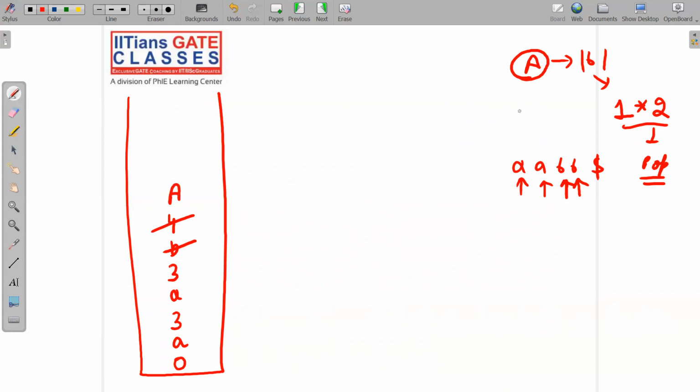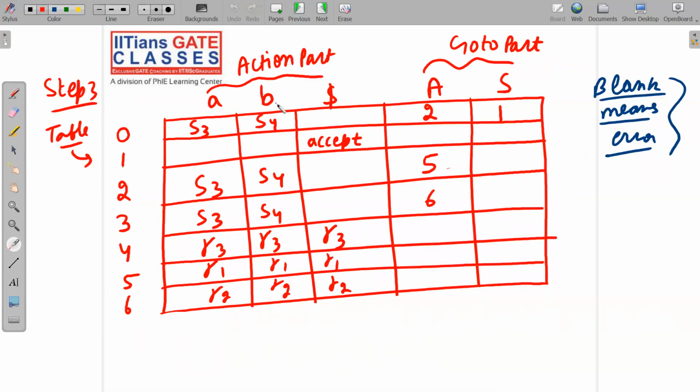Are you getting it? In case of shift move, that was very simple: the look ahead pointer will point to the next symbol, and the symbol which we have read will be pushed onto the stack as well as the state number. Now we are at this b, and we are saying 4 on this small b, where to go? 4 on small b is R3, that means reduce move.